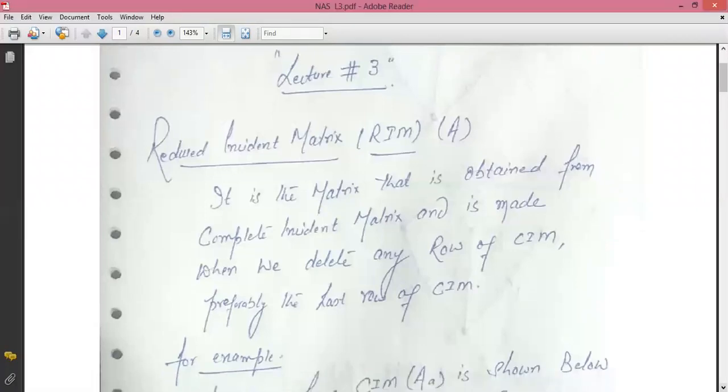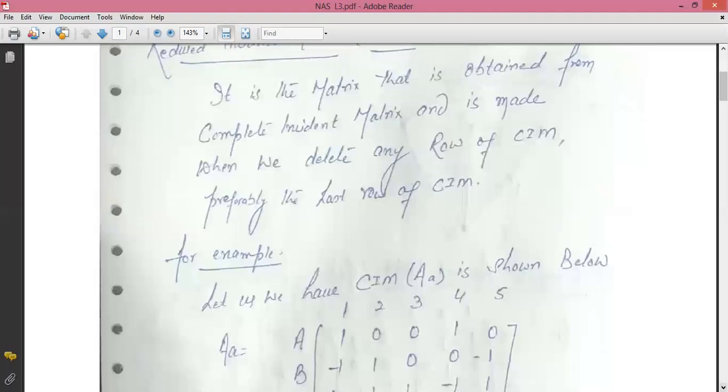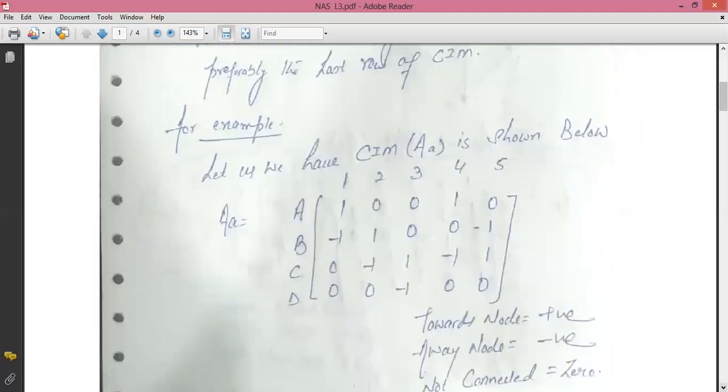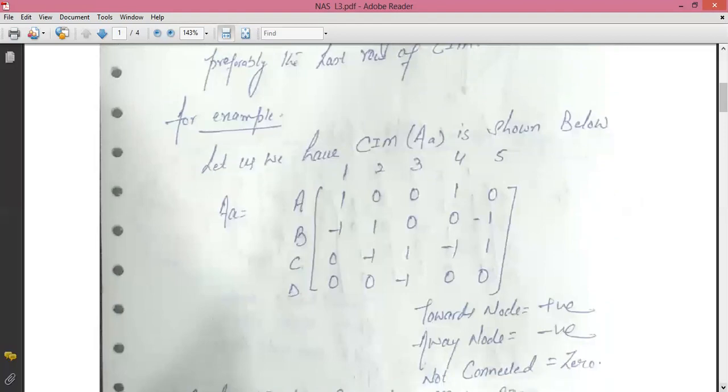Clear? Now I will show you one example, by virtue of which you can understand how a CIM is represented and how from this CIM we can get a RIM. You can see a matrix shown on your screen, that is capital A and small a.